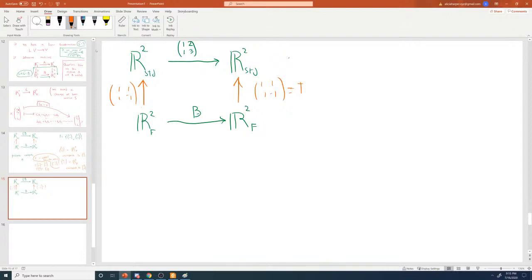Now, in order to proceed with solving this change of basis problem, I also have to compute T inverse. So I negate this, I swap this and this, so I have one here.